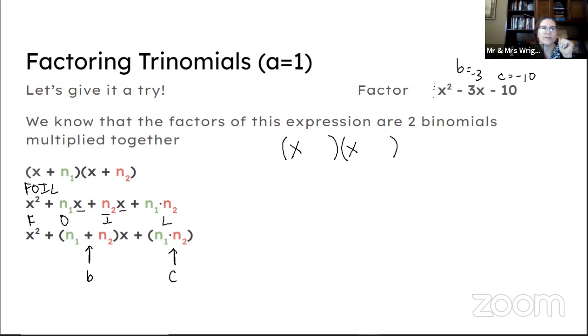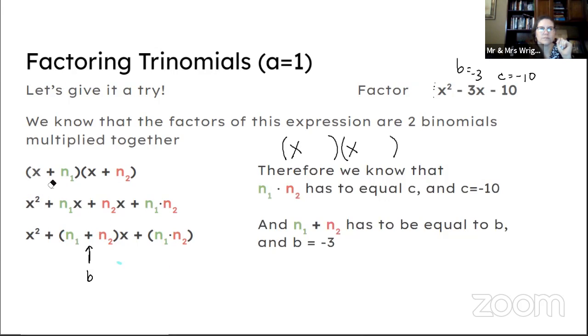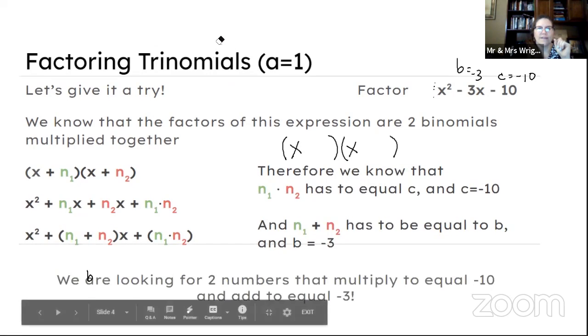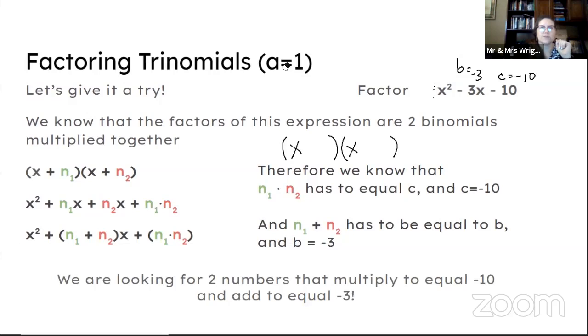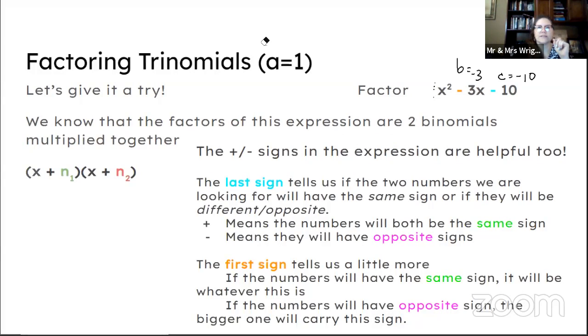Let's see what we've got here. Okay, that's exactly what I was saying. So we're looking for two numbers that multiply to equal -10 and add to equal -3. So now we get into the signs.